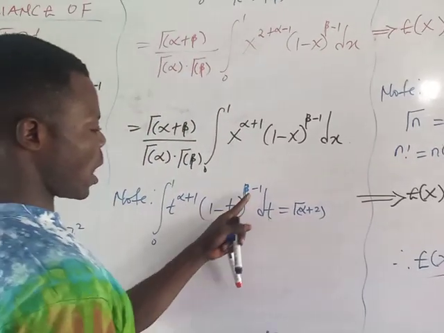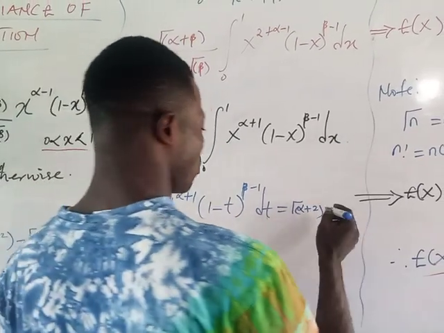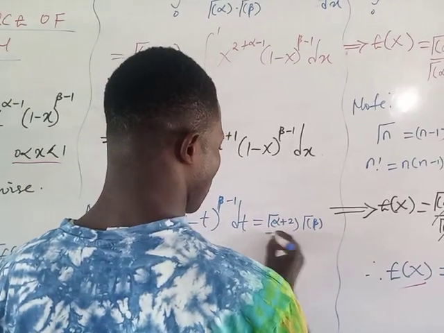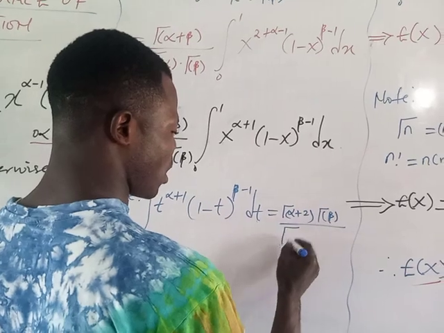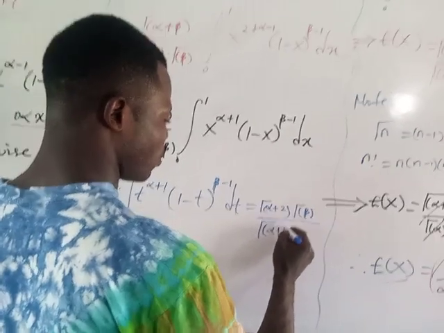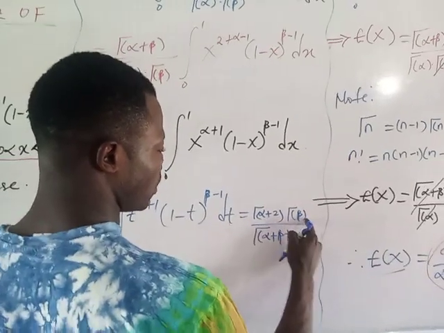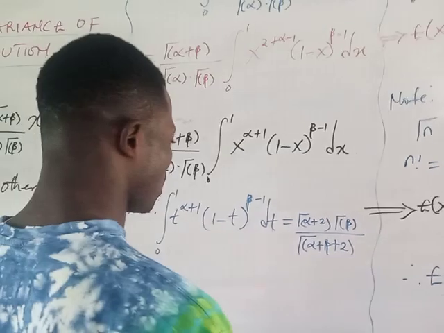That's for this. And if you add 1 to this, the negative will cancel. We have gamma beta all over, we are adding this and this, so it's going to be gamma of alpha plus beta plus 2. This plus this, we divide it by this in the gamma function.